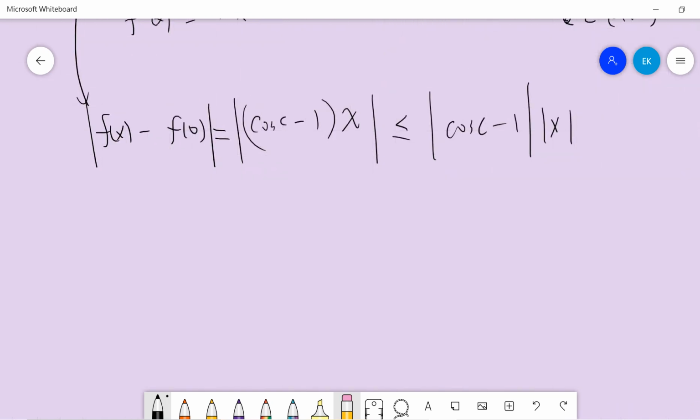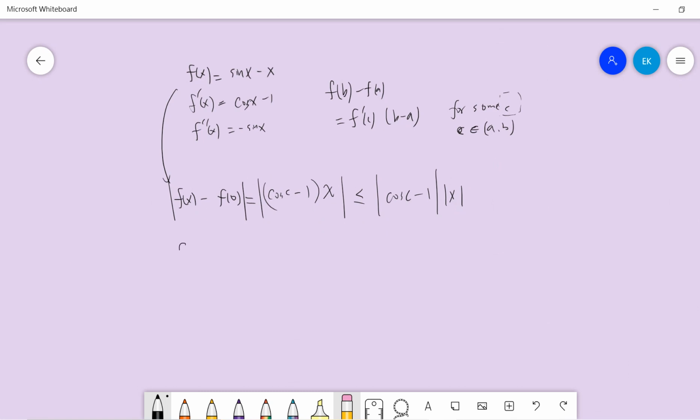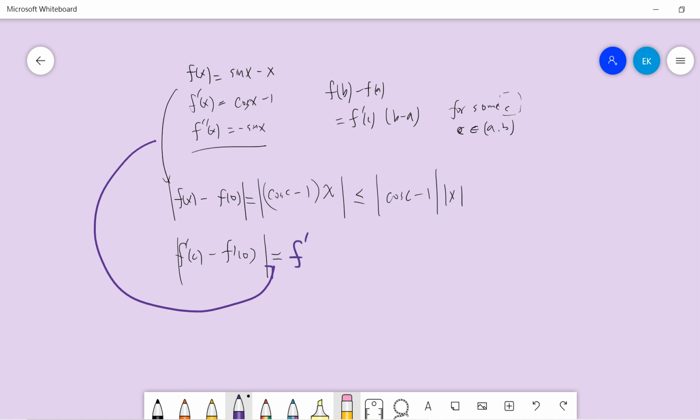And then we use, let me shrink, we use f prime of c minus f prime of 0 equals f double prime at some c prime, times c. So basically minus sine c prime times c.